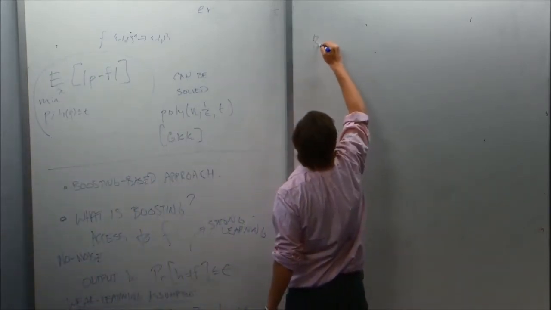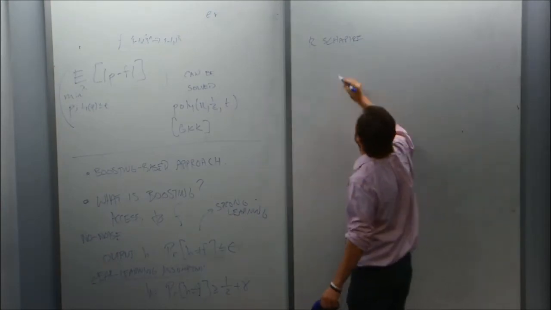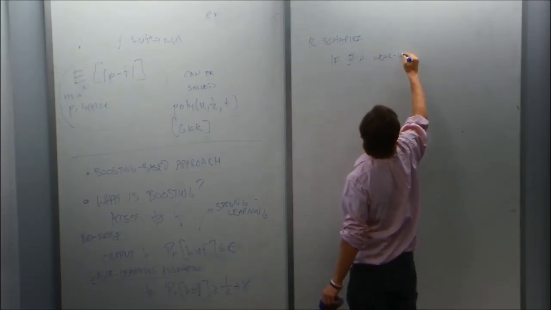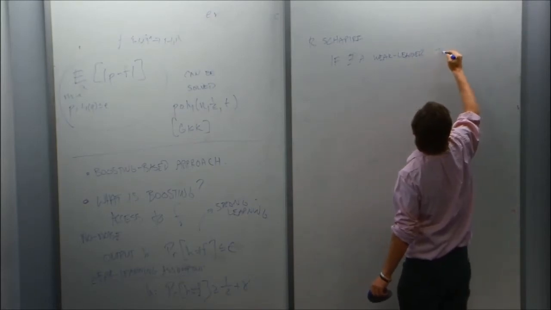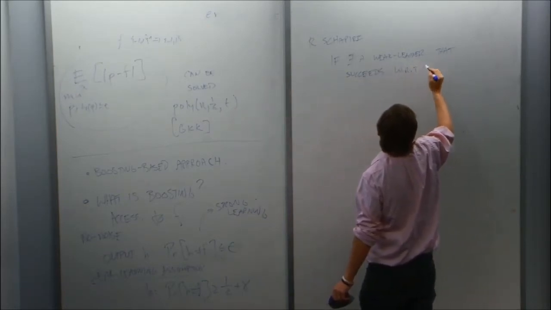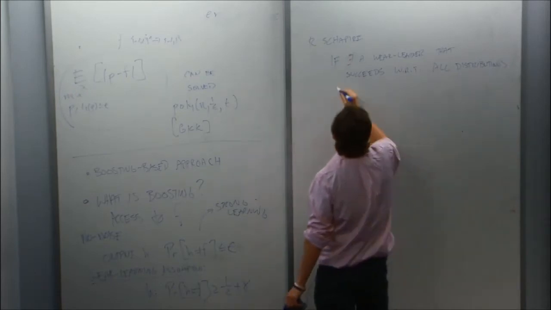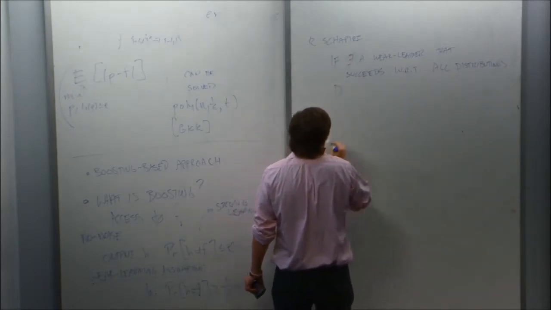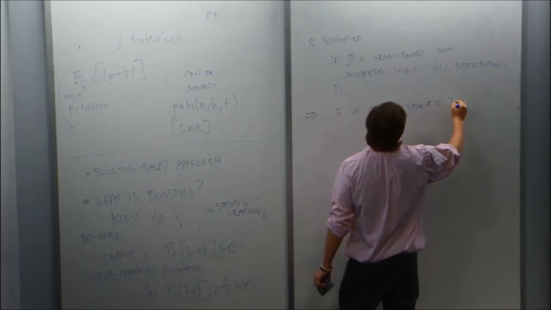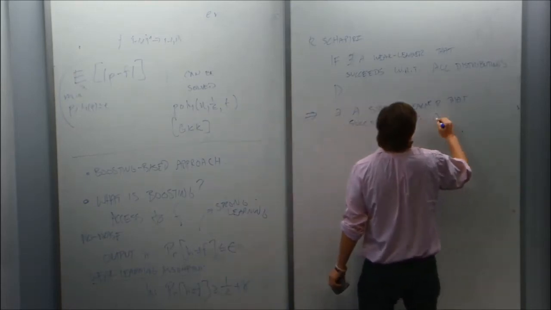And a major result of Rob Schapire was that if there exists a weak learner that succeeds with respect to all distributions D, this implies that there exists a strong learner that succeeds with respect to all distributions.